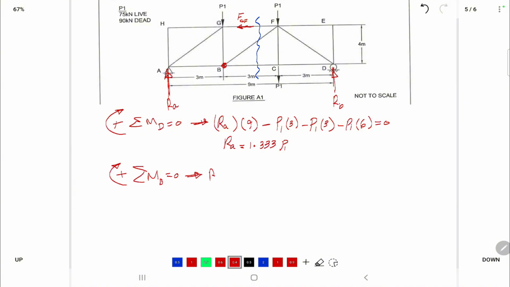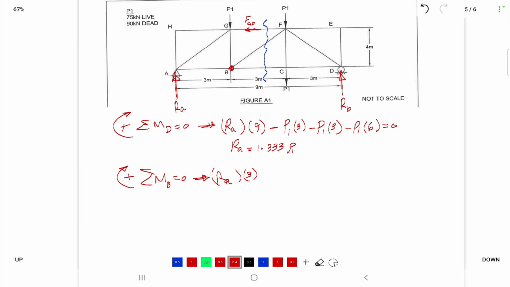That means RA multiplied by 3, minus P1 multiplied by 3, minus FGF multiplied by 4 equal to 0.